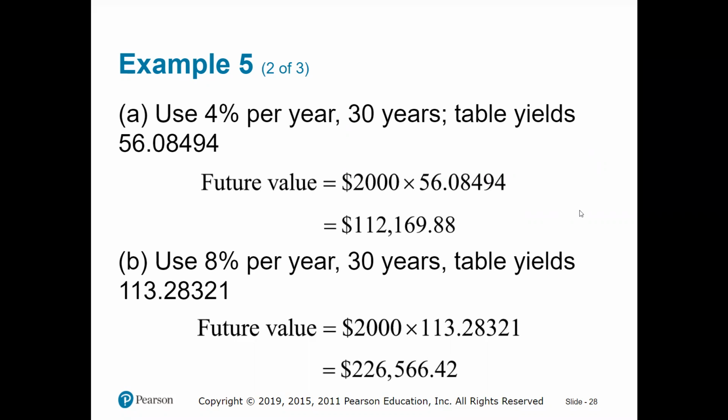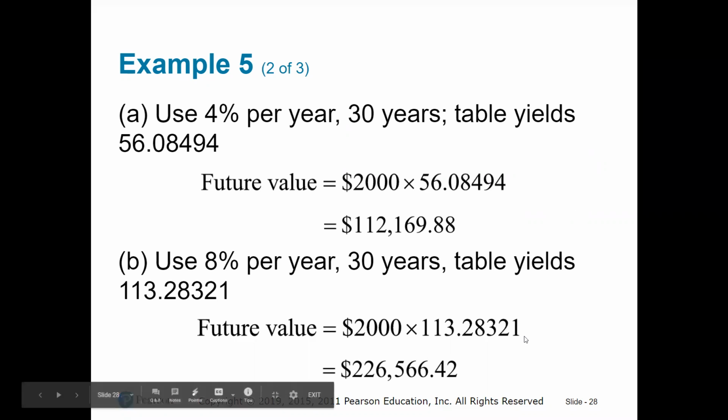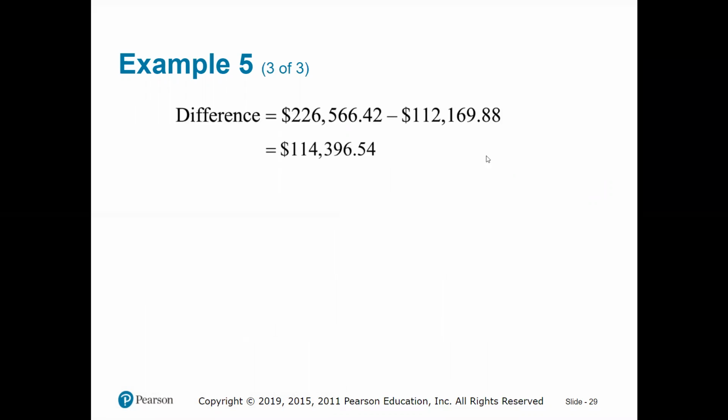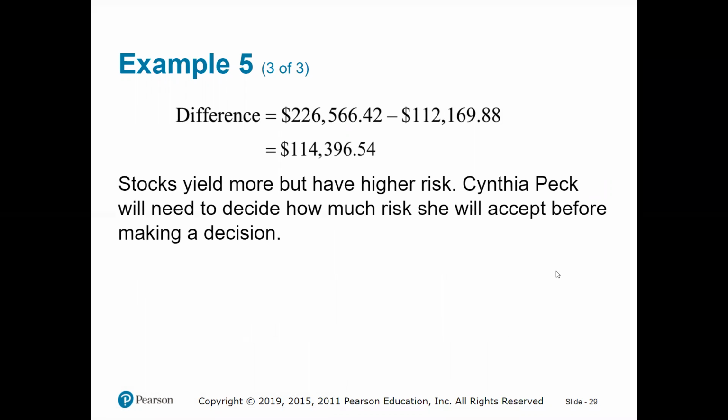So the future value is 2,000 times the amount from the table, and you get $226,566.42. So the difference there is $114,396.54. So the stock yields more, but it does have a higher risk.